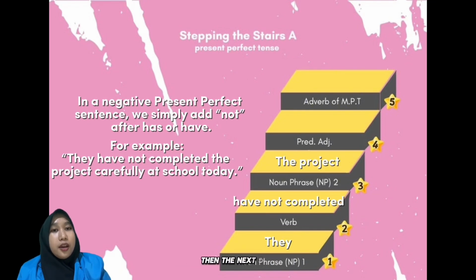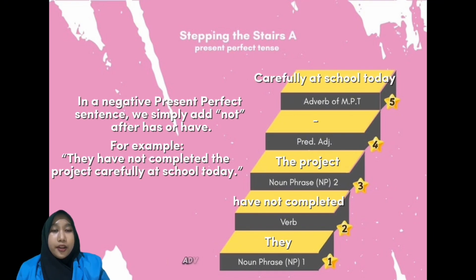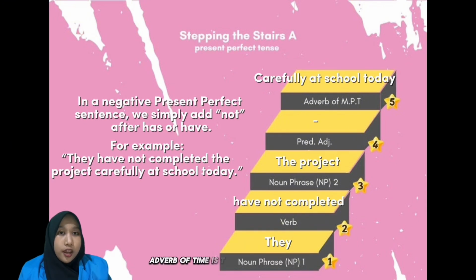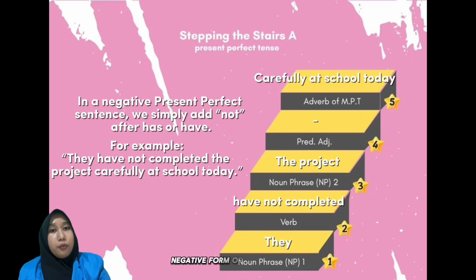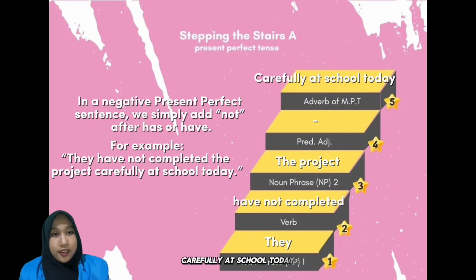And then the next step, predicate adjective is always keep it, and the last step, adverb of manner, place, and time. The adverb of manner is carefully, adverb of place at school, adverb of time is today. So the complete negative form of the sentence is they have not completed the project carefully at school today.